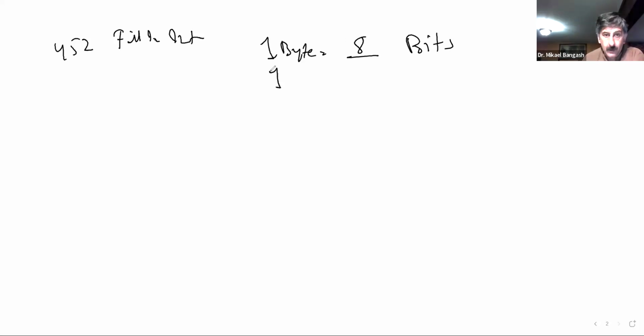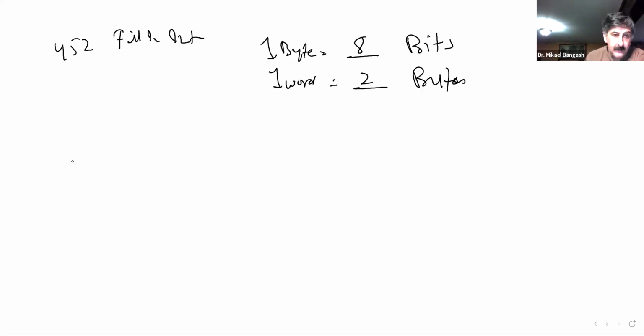And 1 word is equal to dash bytes, which would be 2.